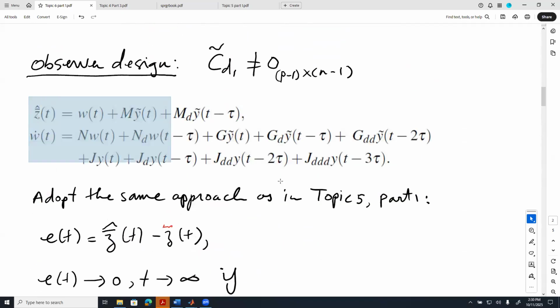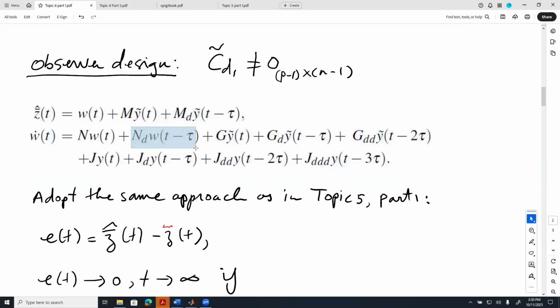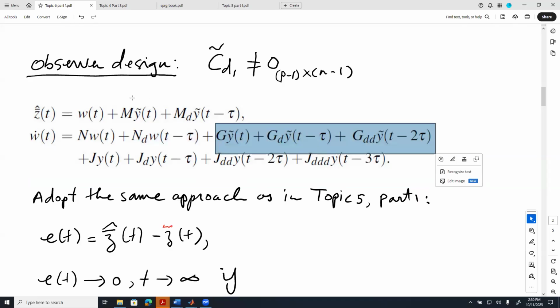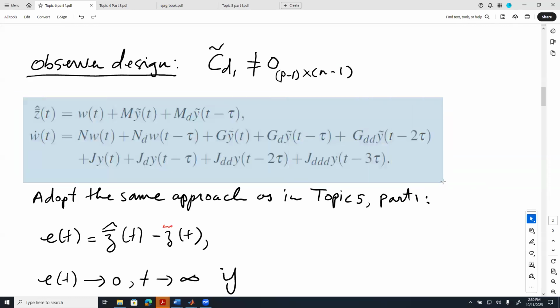Firstly, we come up with an observer structure. It contains an internal delay term and multiple instantaneous output measurement vectors, and it also includes a delayed output measurement vector. We could include more terms, but whether that is necessary is a matter of careful consideration.